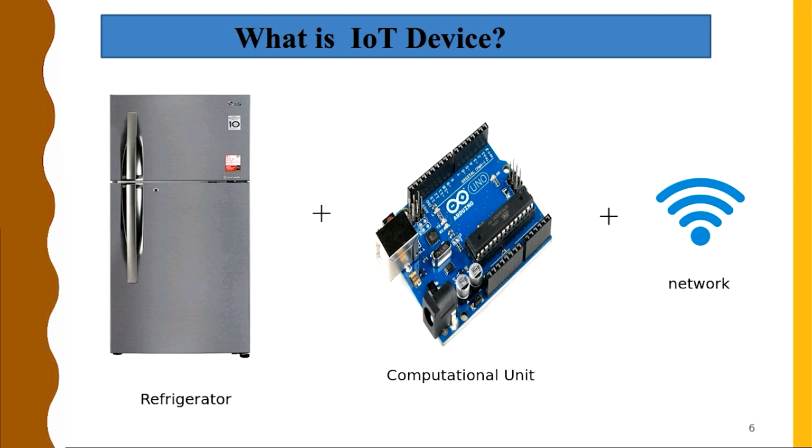When it has sensing capability and computing capability, that means whatever data is sensed by the sensors, some unit is processing that data, sending it through the network to the cloud, or doing some kind of decision making. Then only I can call that thing an IoT device.